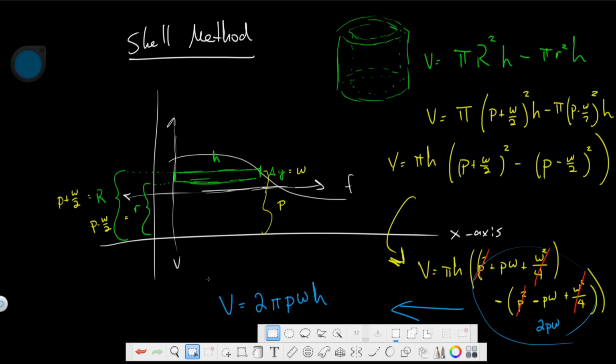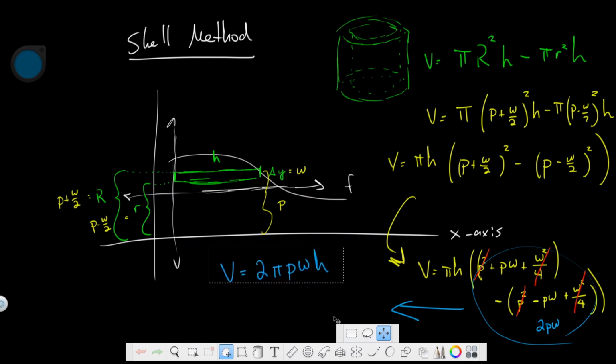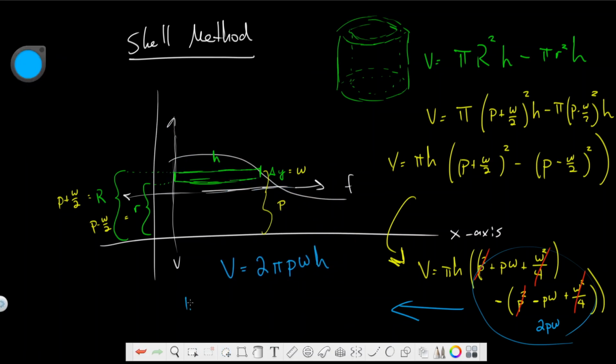So if we take the limit as delta y goes to 0 of 2 pi p delta y h, we get that nice formula.